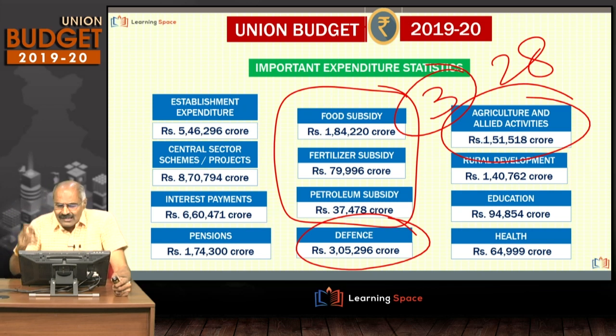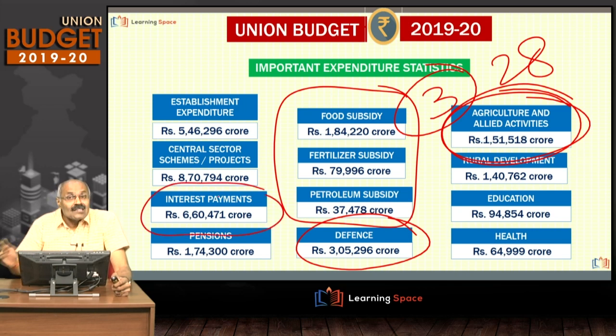Because of that, agriculture is increased to 1.5 lakh crores of rupees. Interest payments are around 6.6 lakh crores because of your previous borrowings. That means the debt is accumulated. Over that debt, you have to pay interest every year. So that is interest payments, around 6.6 lakh crores of rupees, right?